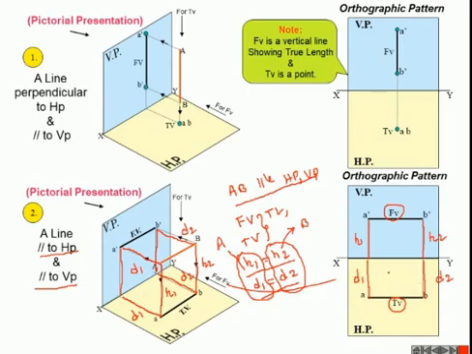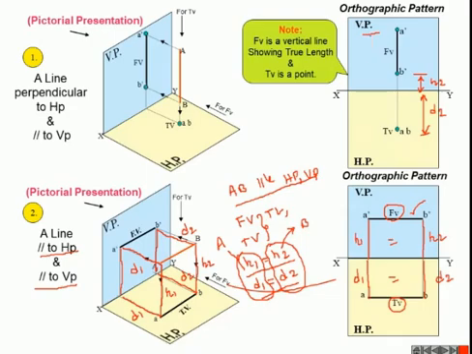Therefore, if D1 equals D2 and H1 equals H2, then the line is parallel to both planes. The point B is specified as this H2 and this D2.